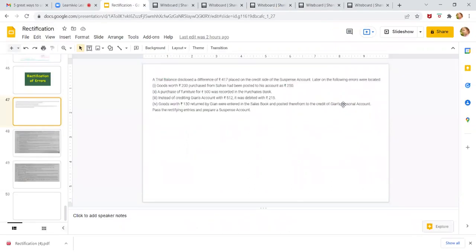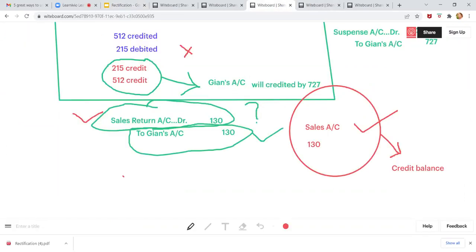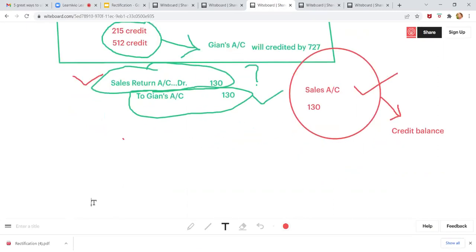And to the credit side of Jian's personal account, it means that the credit side of Jian's account was posted correctly, right? So here we will pass the rectifying journal entry. As we know that sales account has a credit balance, and by mistake we have credited the 130 rupees in the sales account.